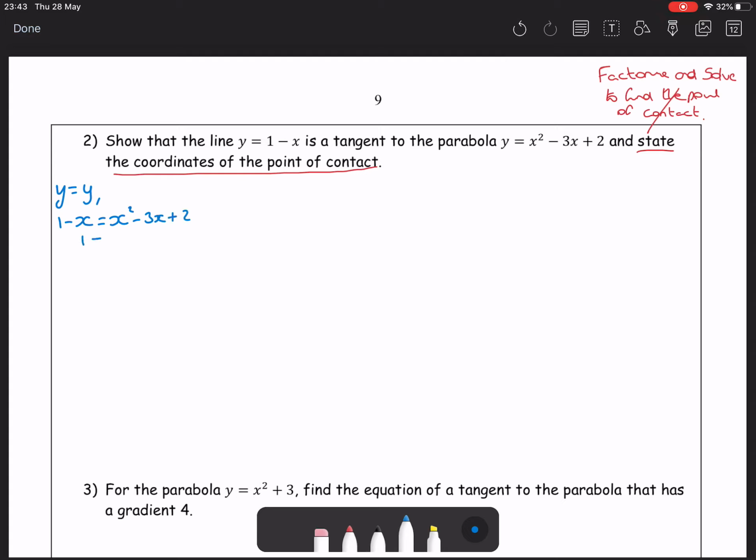We'll add x to both sides, and take away 1 from both sides. Okay, so I've got my resulting quadratic.